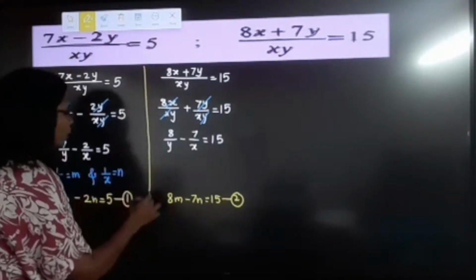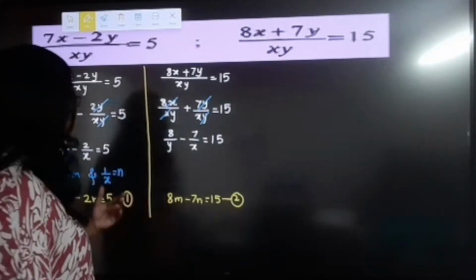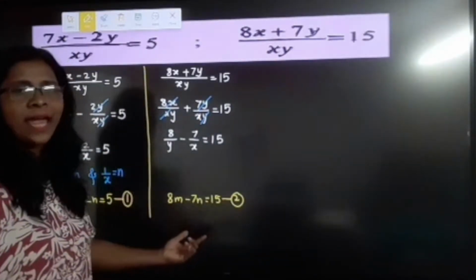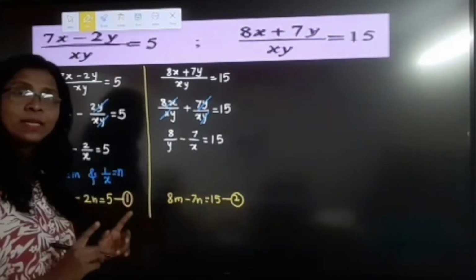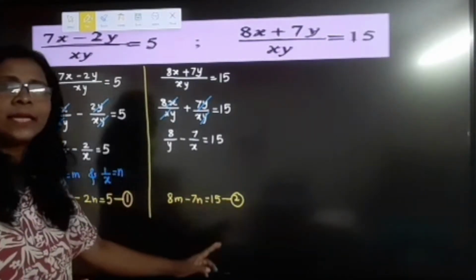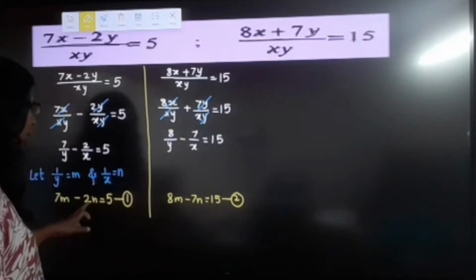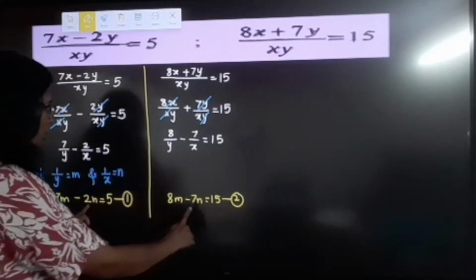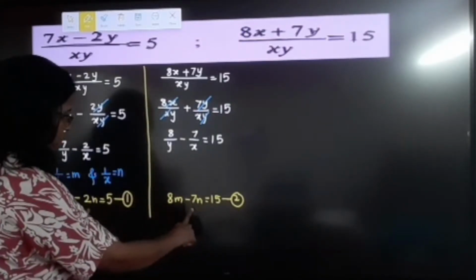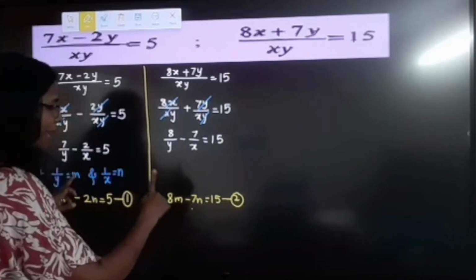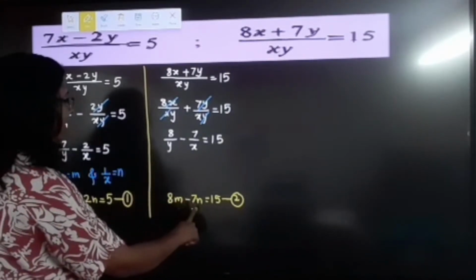Okay students, in this way we have the two equations, first and second. Now carefully observe: the coefficient of n here is 2, and here the coefficient of n is 7. So I equate the variable n.